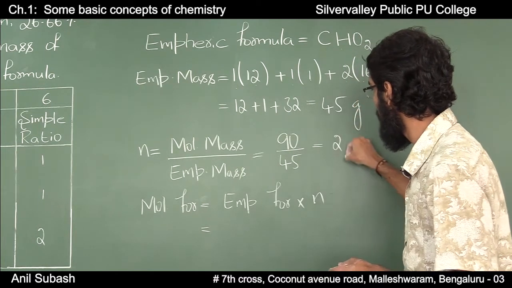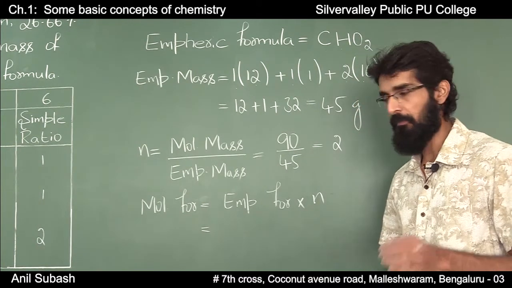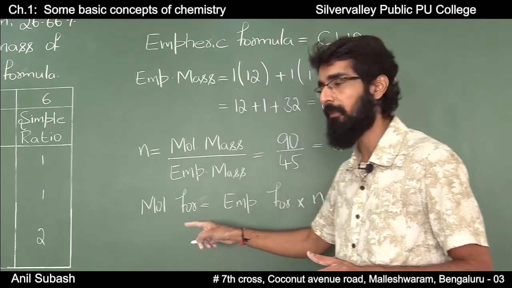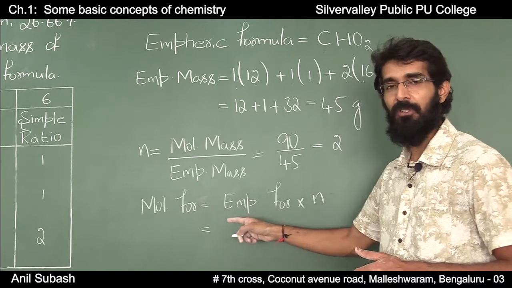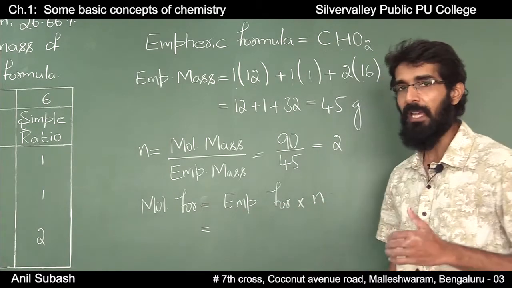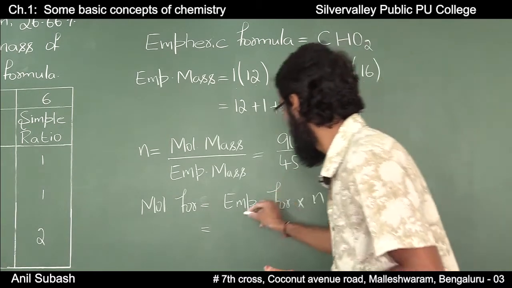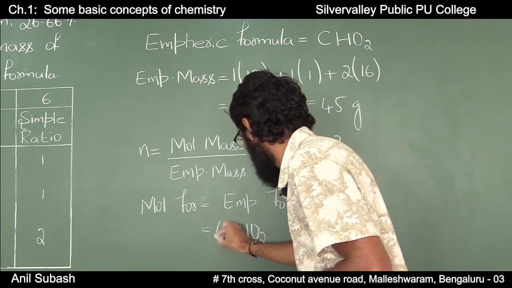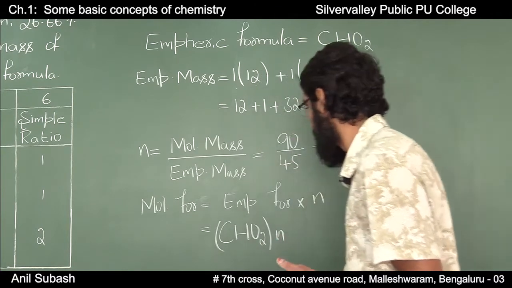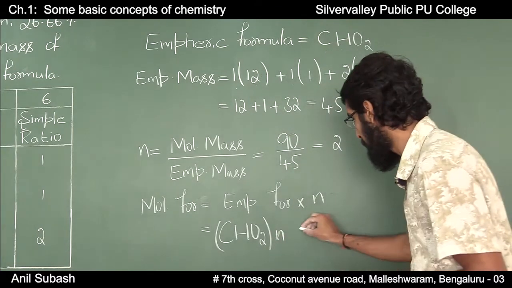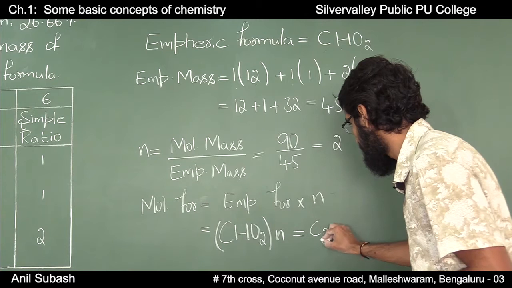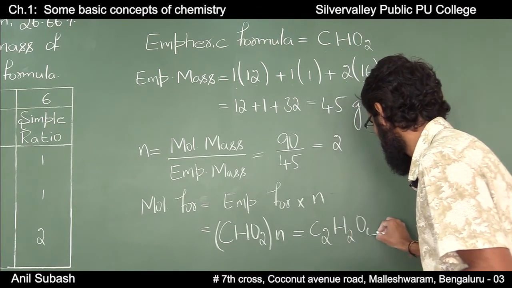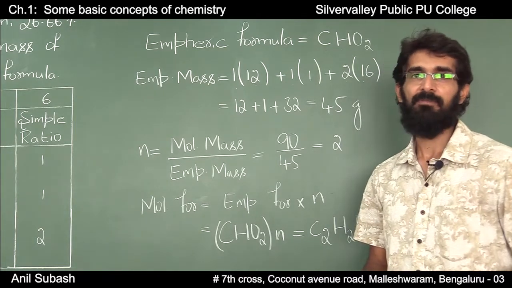Therefore, the value of N will be equal to 2, and the molecular formula is calculated by using the formula molecular formula is equal to empirical formula into N. The empirical formula, as we all know, that is CH(O2) into N, and the molecular formula will be equal to C2H2O4.